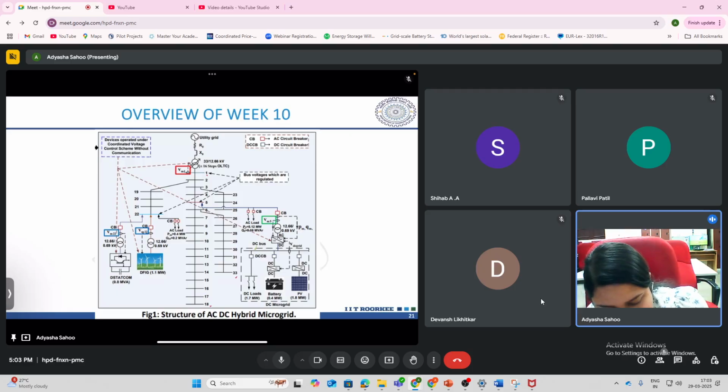This is the OLTC connected at bus 1, and then we have the DStatCom connected at bus 22, and we also have a wind farm connected at the same bus. Then this is the DC microgrid, which is connected at bus 5. I don't think any other resources are connected here.